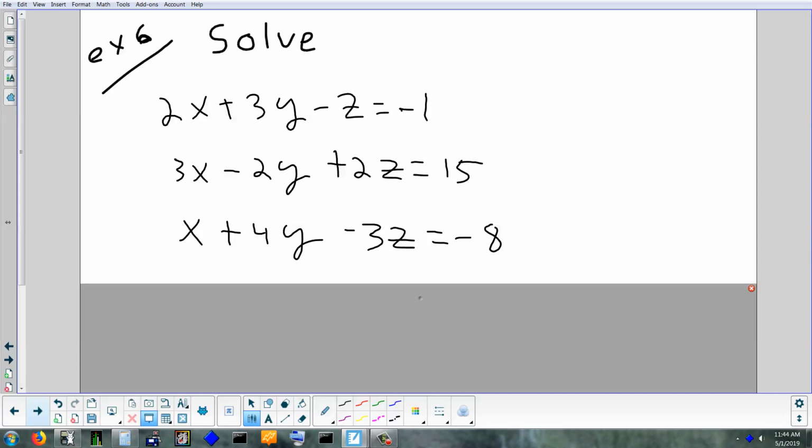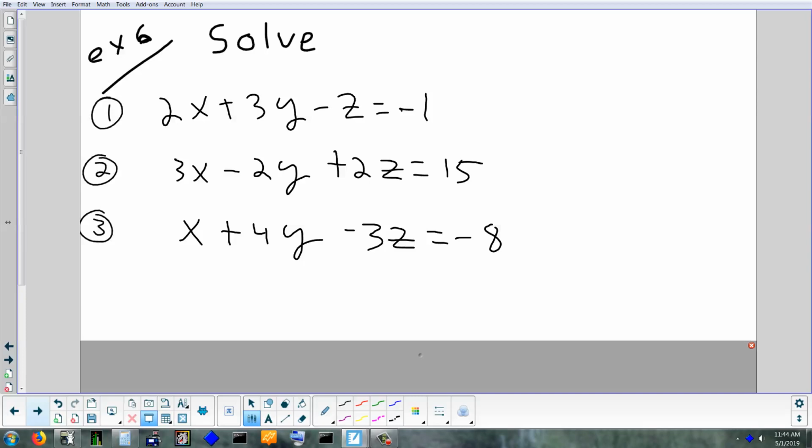Okay, so first step is we're going to pick 2 equations. When I write a number and I circle it, that stands for an equation. Equation 1, equation 2, equation 3. Just a shorter way for me to talk about them. So out of those 3 equations, does anybody see a letter that they want to try to eliminate?